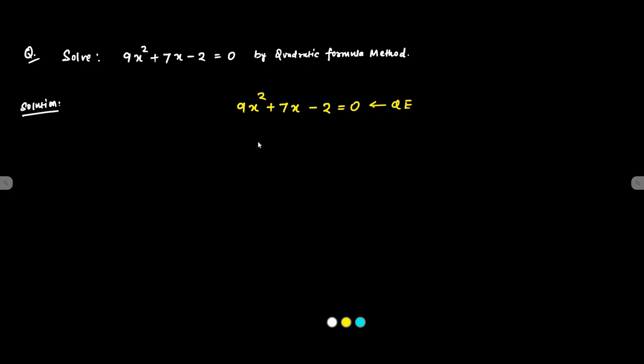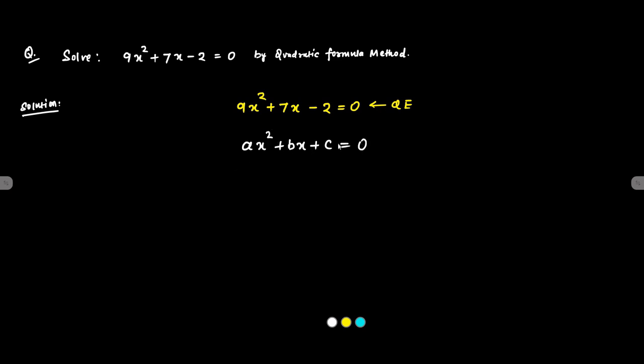Now we have to find out the values of a, b and c. The basic format of writing any quadratic equation is ax square plus bx plus c is equal to 0.